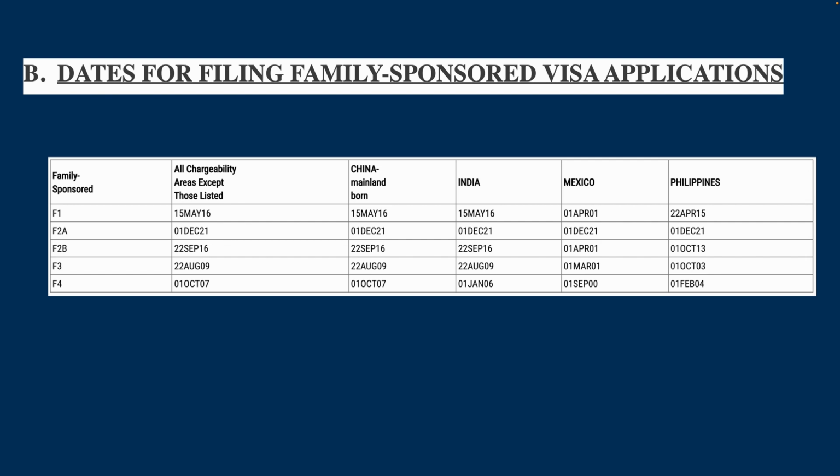For China and India, the same. Mexico, April 1 of 2001, and Philippines, April 22 of 2015. Those who filed for family-sponsored visa F1 with a date of filing of April 22 of 2015 may gather your documents and submit them to the National Visa Center.